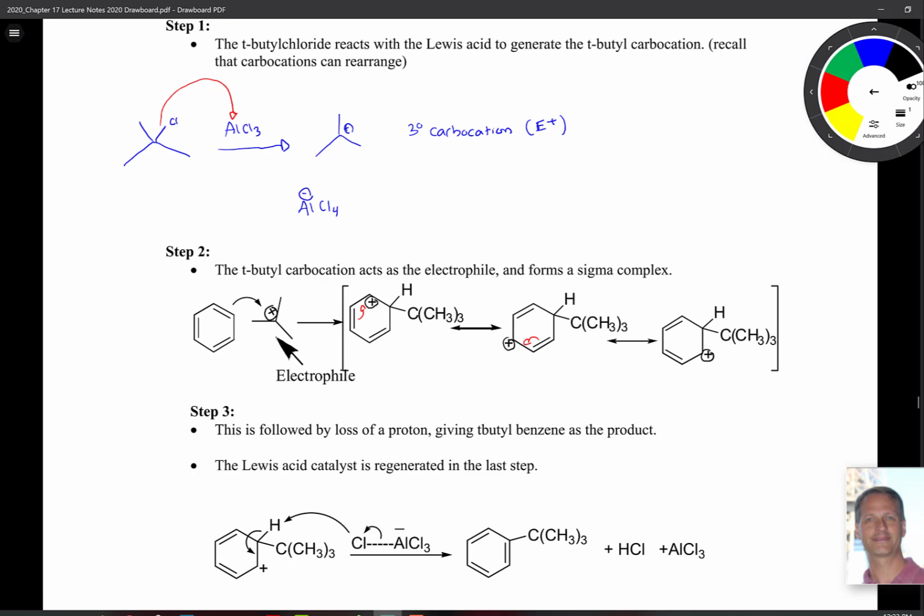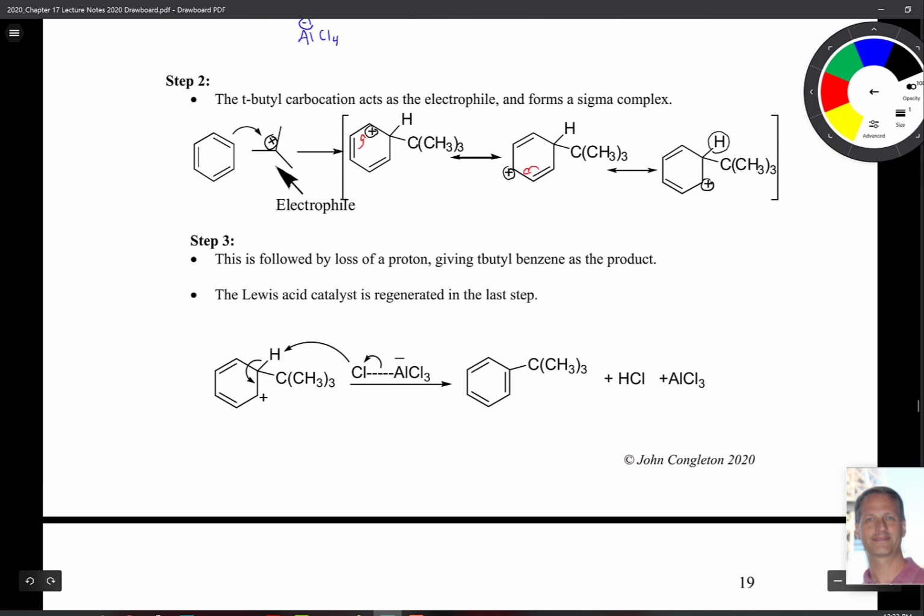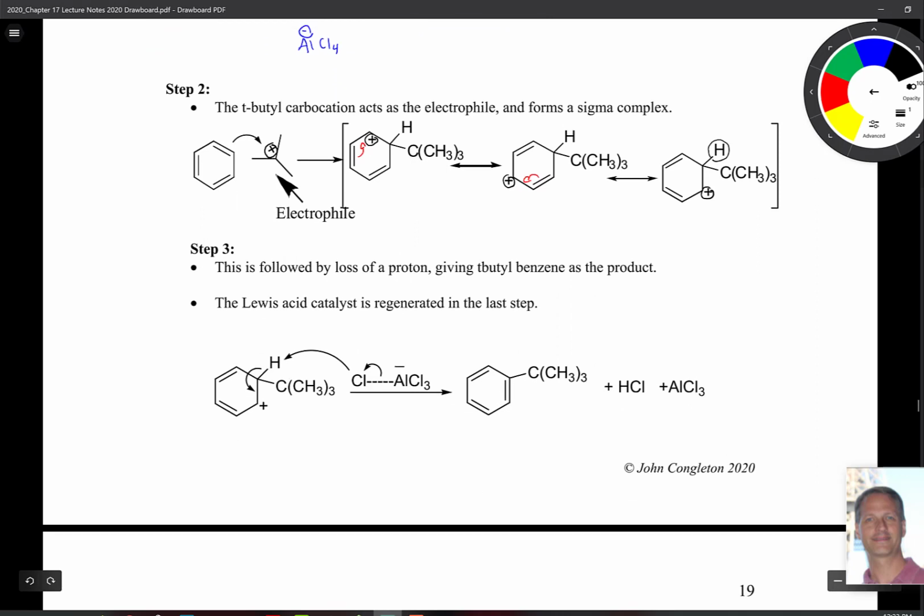And then the last step that we have is a deprotonation. So we have to lose that H atom, because remember, it's a substitution reaction, EAS, right? So the last step is our AlCl4 minus coming over, grabbing an H, and restoring our aromaticity to give us our alkylated benzene ring, right? And then we get our AlCl3 back there. So again, fairly straightforward reaction, not a lot of surprises to be seen there.